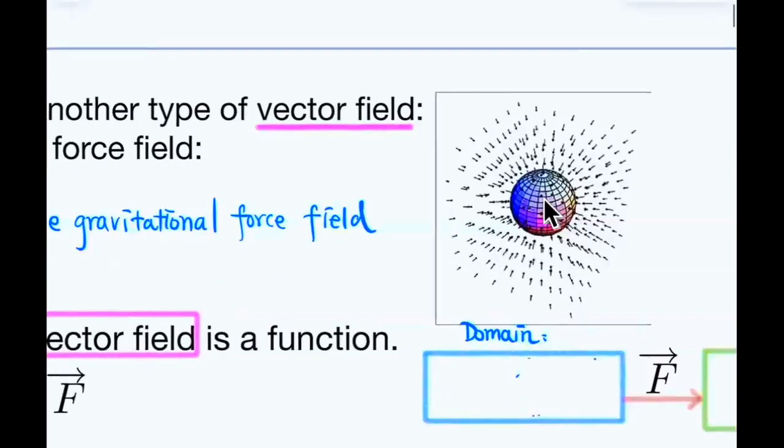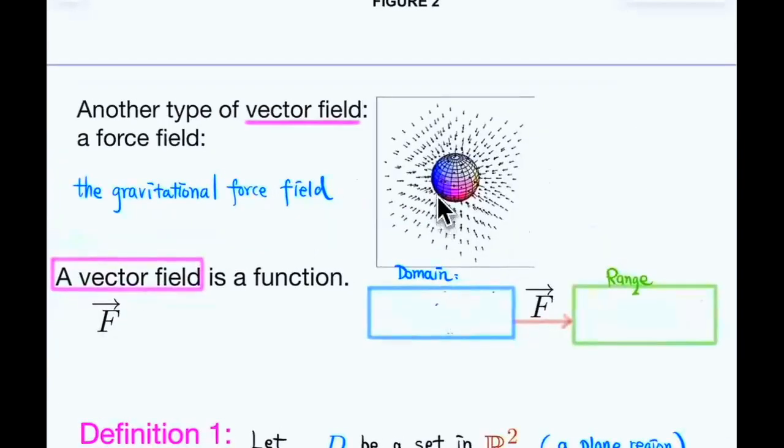The closer to the center of the Earth, the bigger the force field. If the mass of the object stays the same, the closer the distance to the Earth, the stronger the force. So you see the arrow is longer closer to the Earth, and further away the arrow is smaller. So this is a three-dimensional vector field, a vector field on R3.